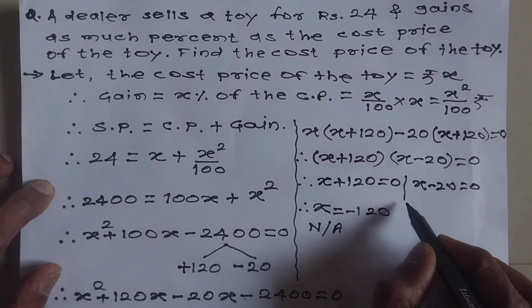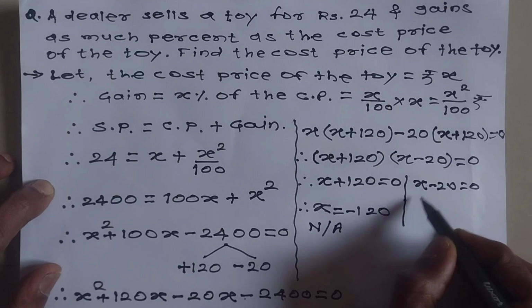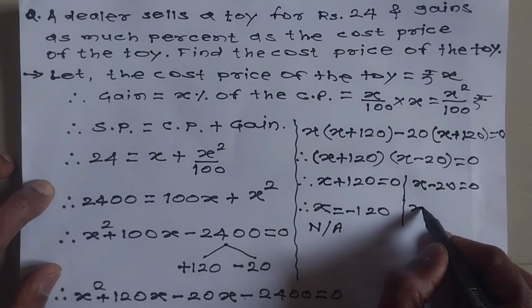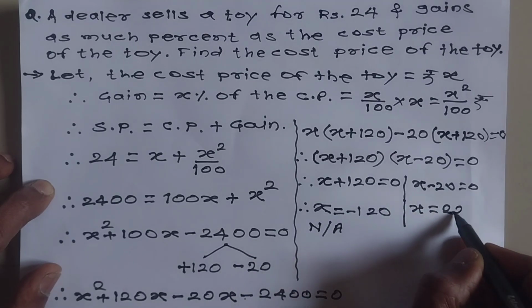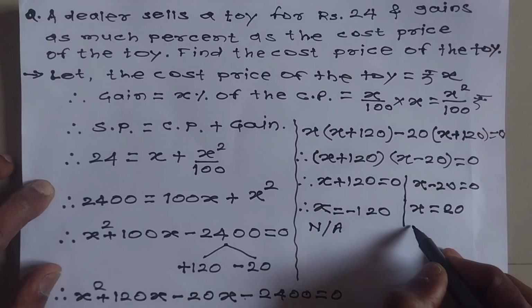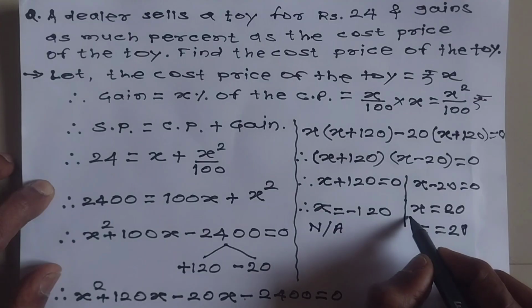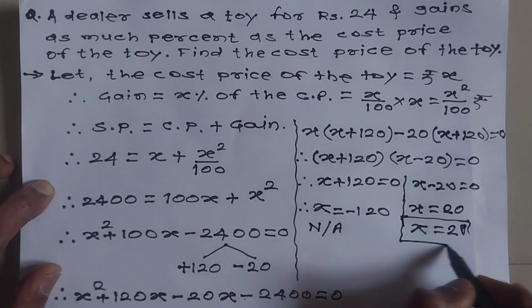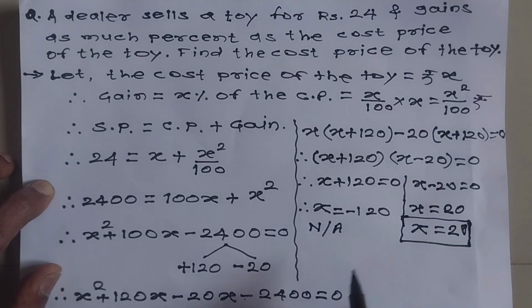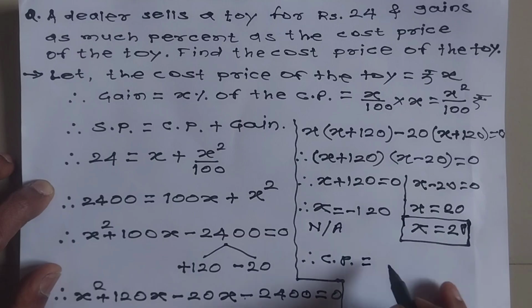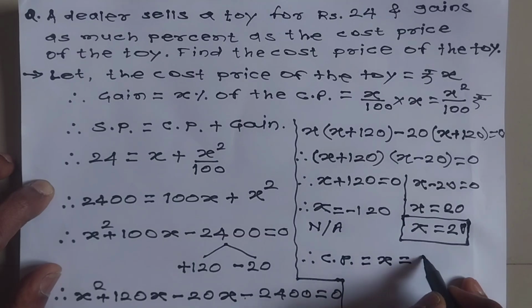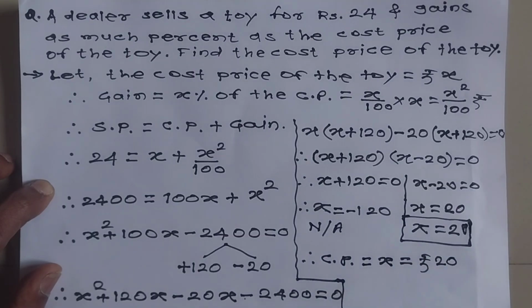Here we take minus 20 to the right side, then it becomes plus. Therefore, x is equal to 20. This is our applicable answer, the right answer. Therefore, the cost price of the toy is x is equal to rupees 20. This is our final answer.